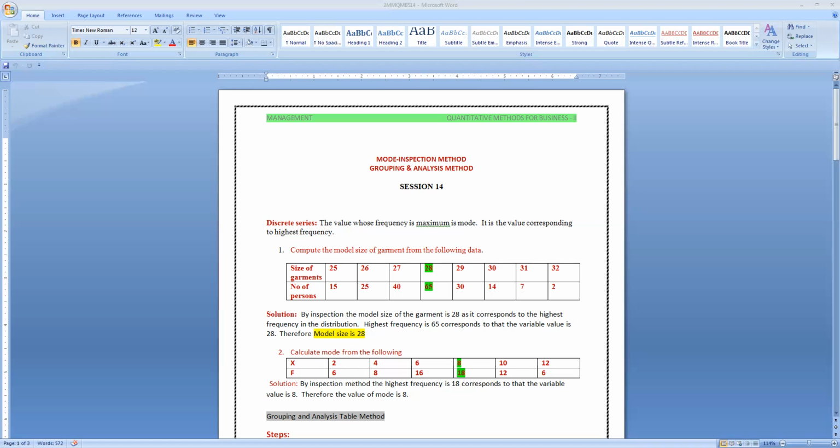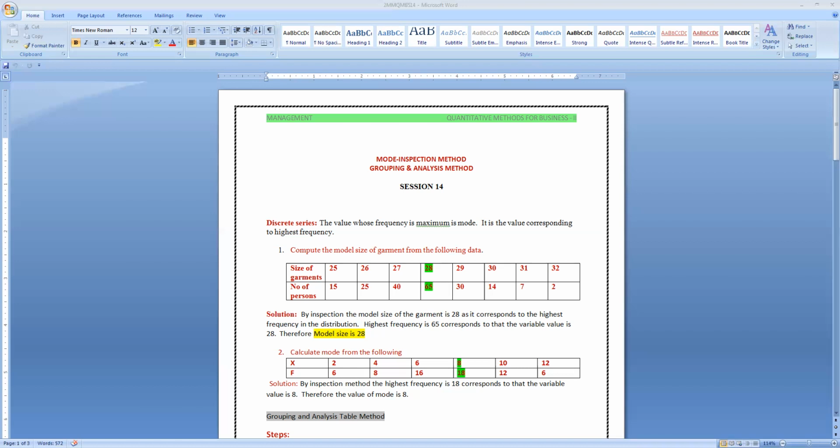To calculate mode in discrete series by inspection method, among the frequency values given, the highest frequency has to be considered. Corresponding to that highest frequency, the variable value will be considered as the modal value in the inspection method, but it is not the same in the grouping and analysis method.